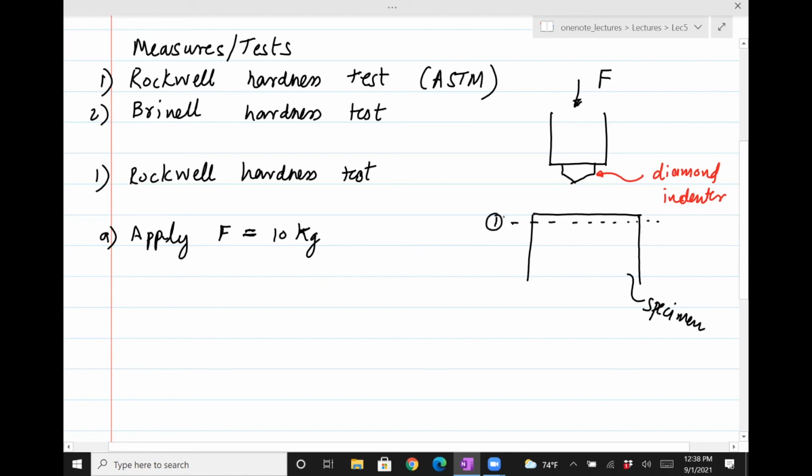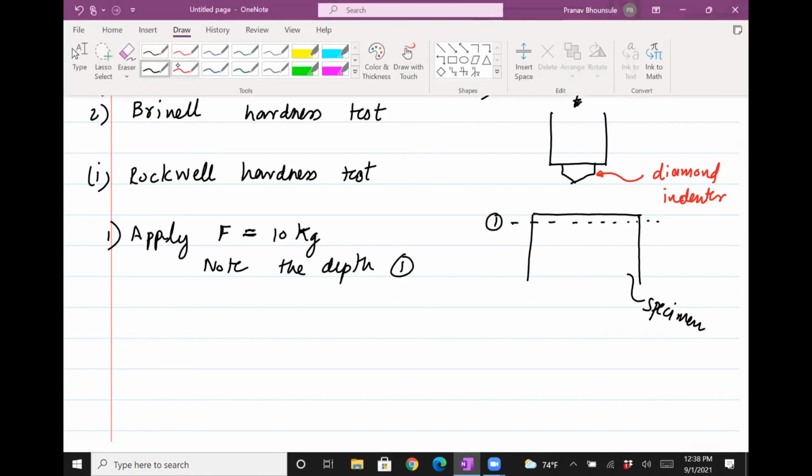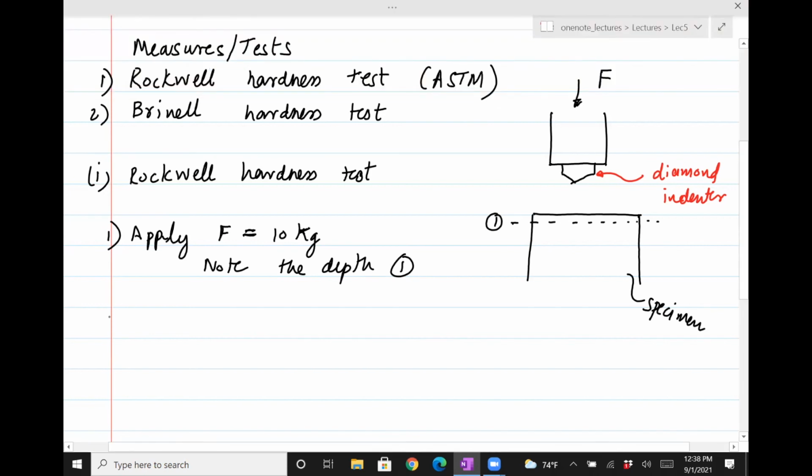Let's call that depth 1. Then you increase the force to 140 kilograms. So you keep F1 applied, but you apply additional force.